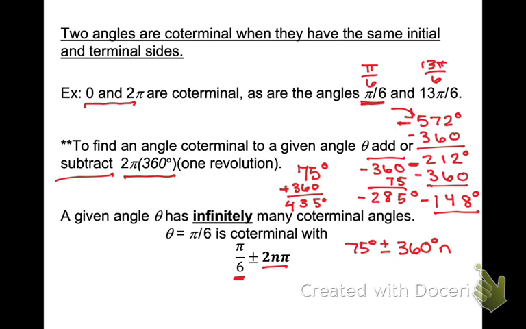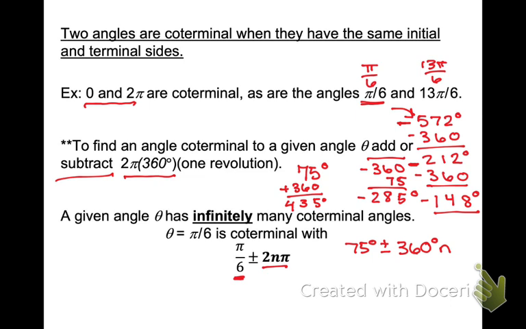Now, I'm going to tell you I'm probably the only person in the world that puts plus or minus. Most people just put plus. N is the number of revolutions, whether it's positive or negative. Now, when I count, do I count negatives? No, I say like counterclockwise, correct?